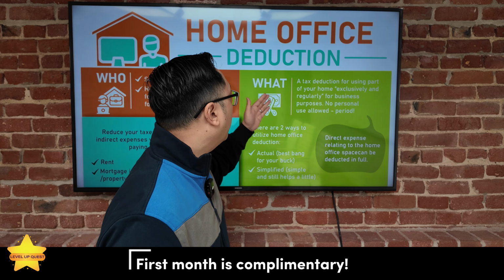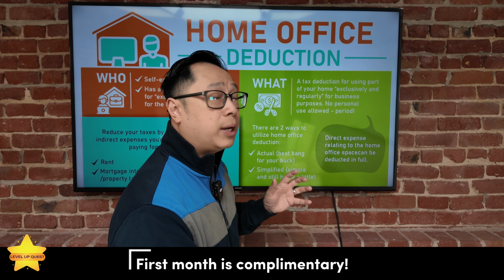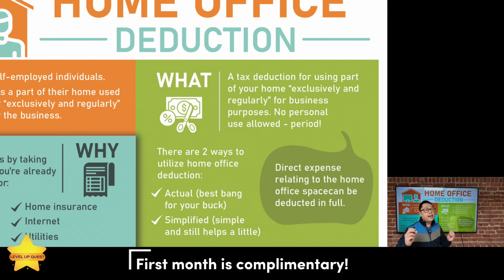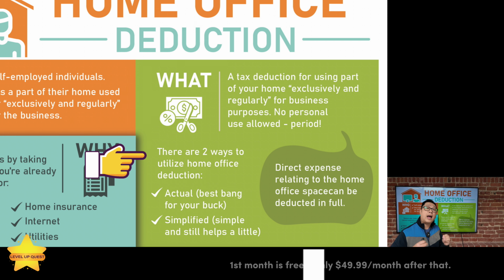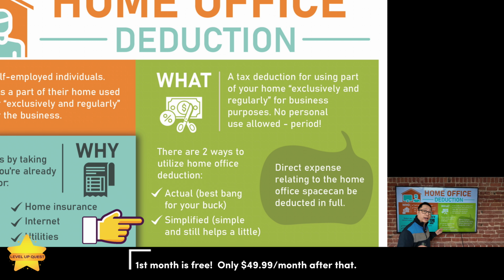Now let's go through the what. What is it that the client needs to know? Just a broad overview of what a home office deduction is. It's a tax deduction for using a part of the home that is business related. There are two ways to do the calculation to see how much you could deduct: actual and simplified, which we will go through a little later.